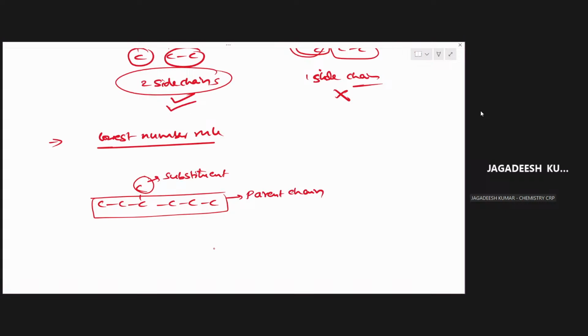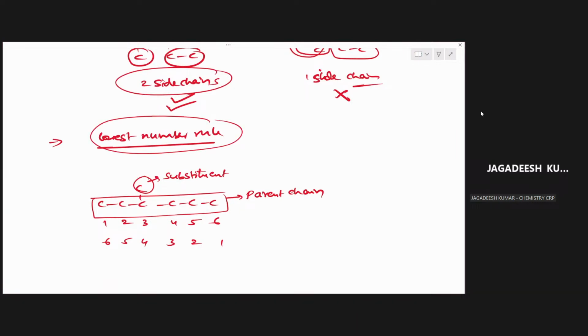Okay. So first of all, after selecting the parent chain, we should give the numbering. Numbering means either left to right or right to left. So I'm giving 1, 2, 3, 4, 5, 6. Or you can give from this side also 1, 2, 3, 4, 5, 6. Now, which one is correct in these two? Only one numbering is correct. Here I told you the lowest number rule.